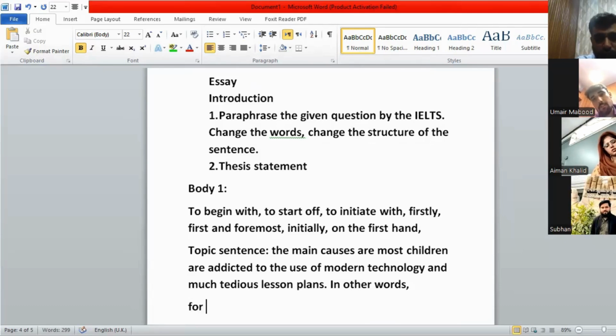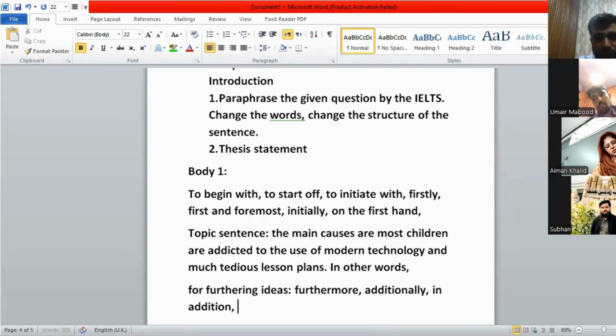For furthering ideas, you should say furthermore, additionally, in addition, plus, moreover, likewise.